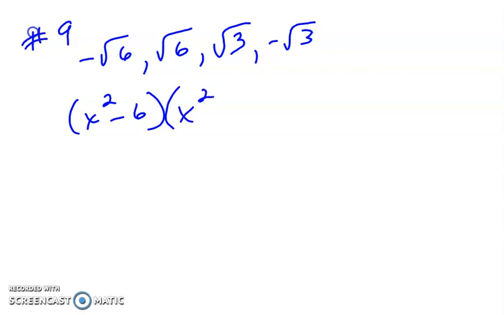That becomes x squared minus 3. So notice if it's just the square root of something, it's minus. If it's an i involved, it becomes plus. So then I can FOIL this to x to the 4th minus 9x squared plus 18.